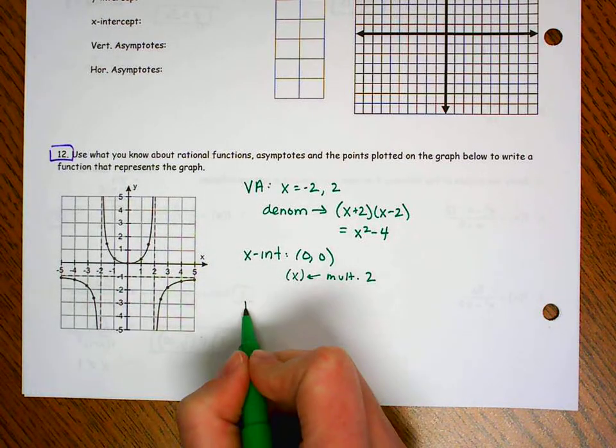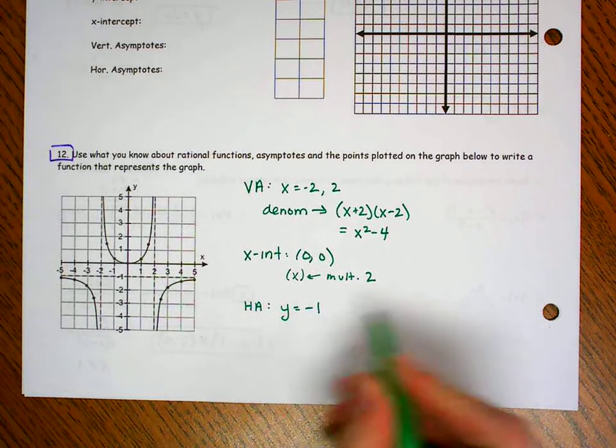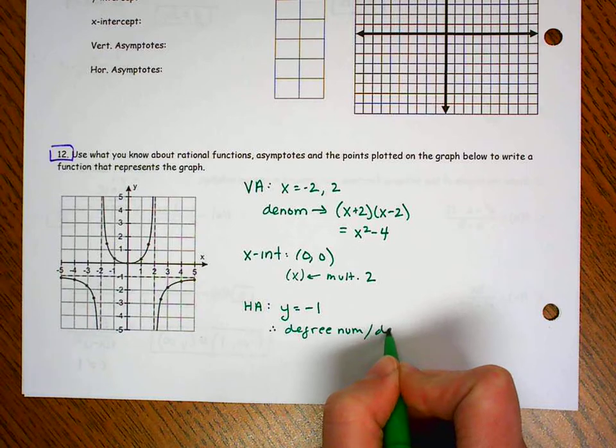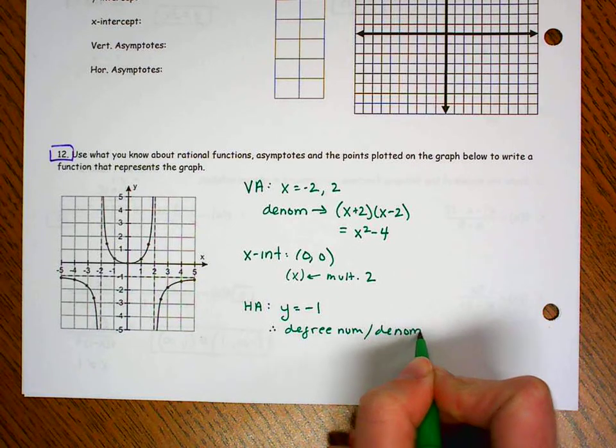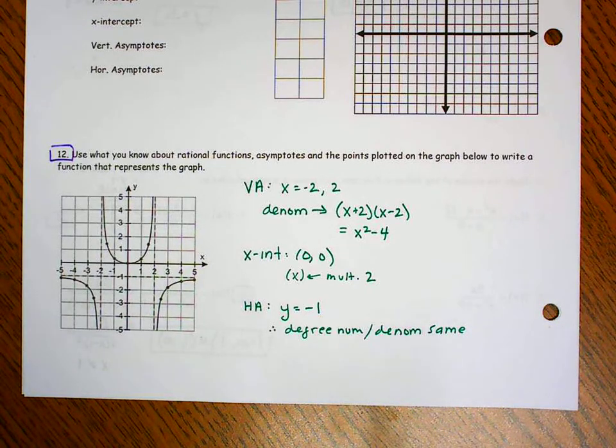You'll notice we also have a horizontal asymptote at y equals -1, which means the degree of the numerator and denominator has to be the same. Coefficient over the coefficient. If it was y equals 0, I would know that the denominator had to be bigger.